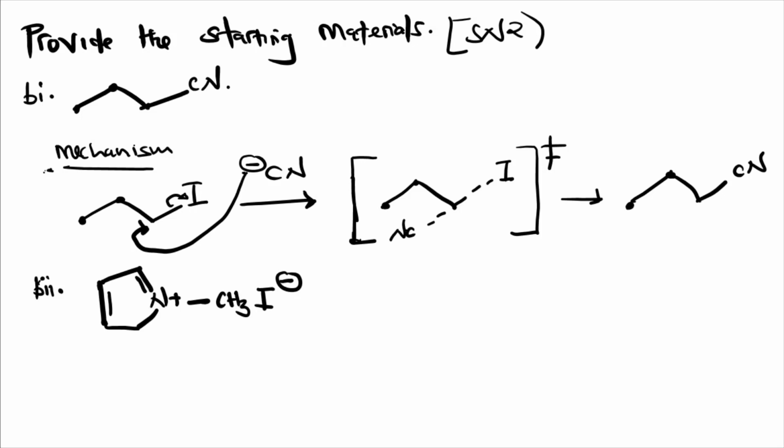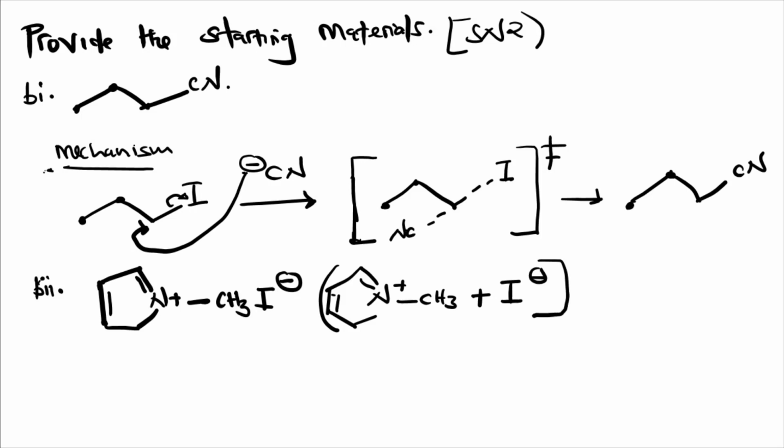What this simply means is that these in solution are existing like this. This one here is attached to the methyl, and then plus the iodine is alone like that.